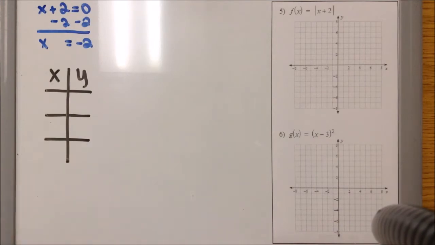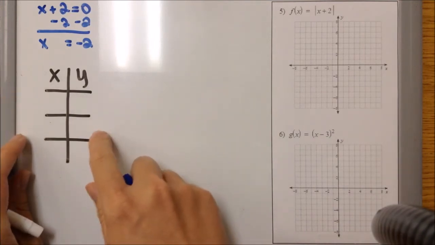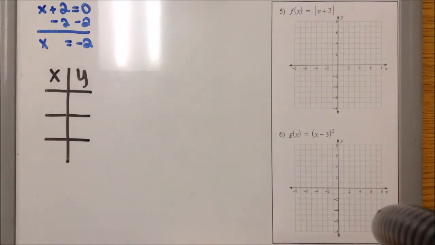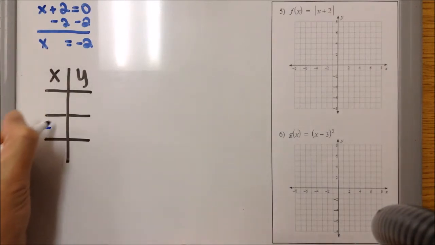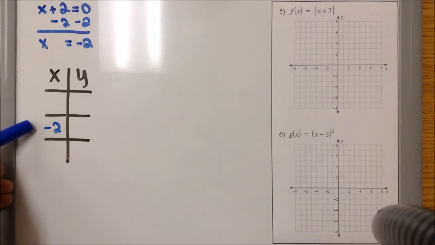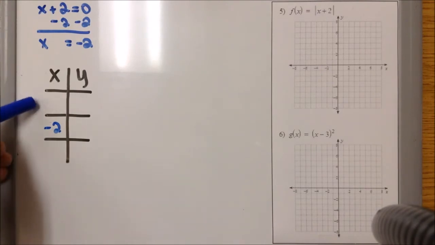So our vertex will go in the center, in the middle, and that's our x-coordinate of the vertex. So I'm going to put -2 here. Now, this is the easy part. To determine the other coordinates, you need to determine the other x-coordinates. Since this is in the middle, the others could be one less or one more.